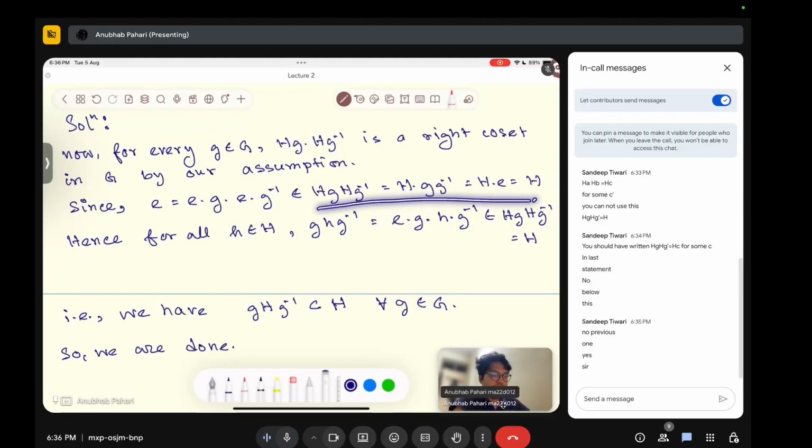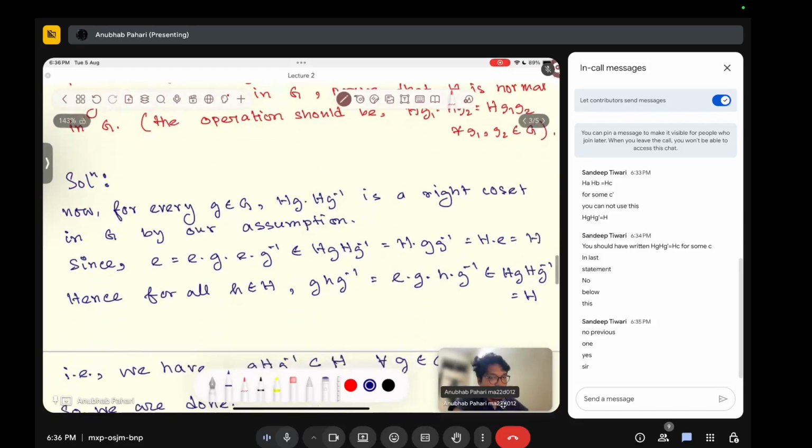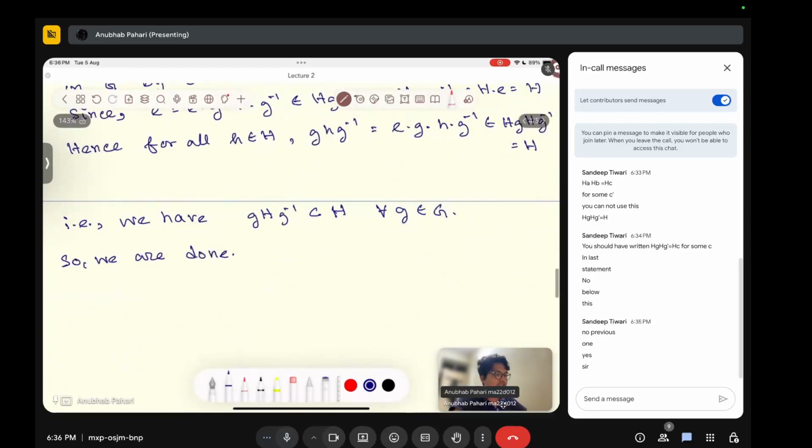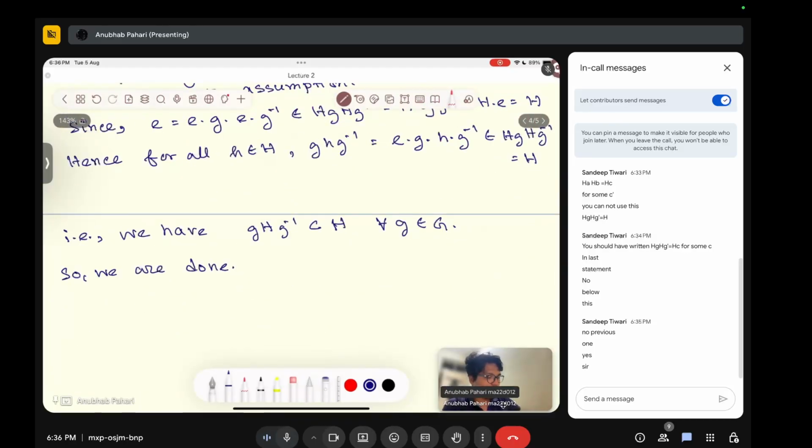The way we define the product, and from there it simply follows that Hg inverse should be H. Okay, for now let's leave it. You have said a good point, that the product of two right cosets should be defined here. But anyway, let's leave it for now, and we move to the next problem.